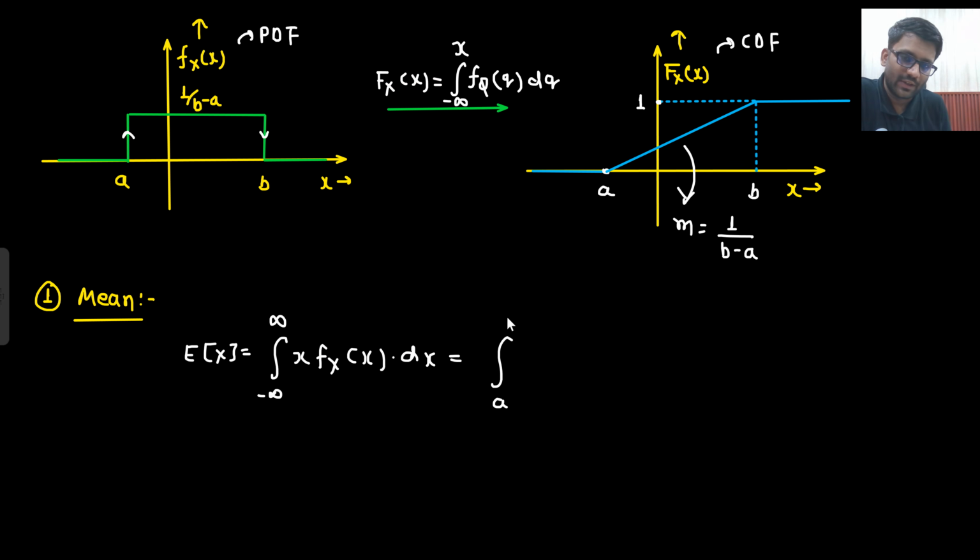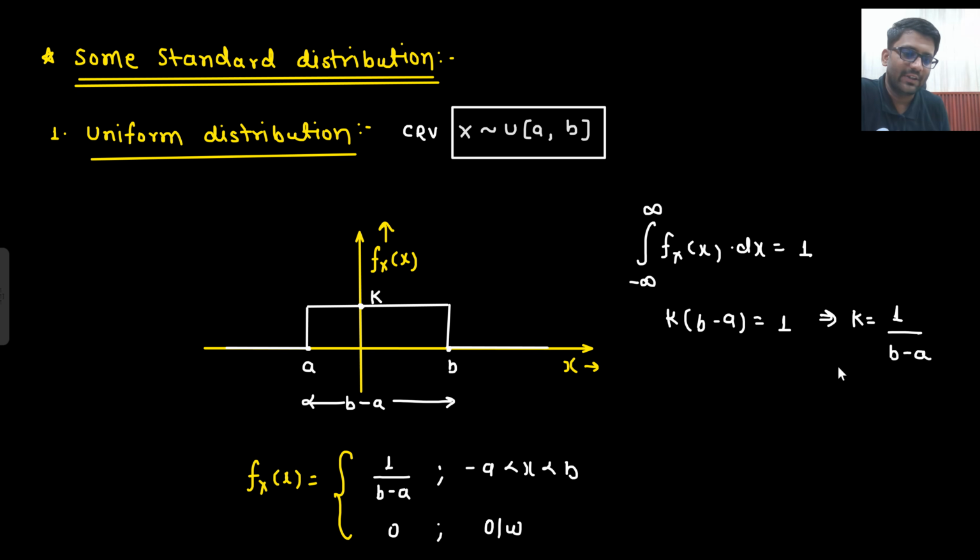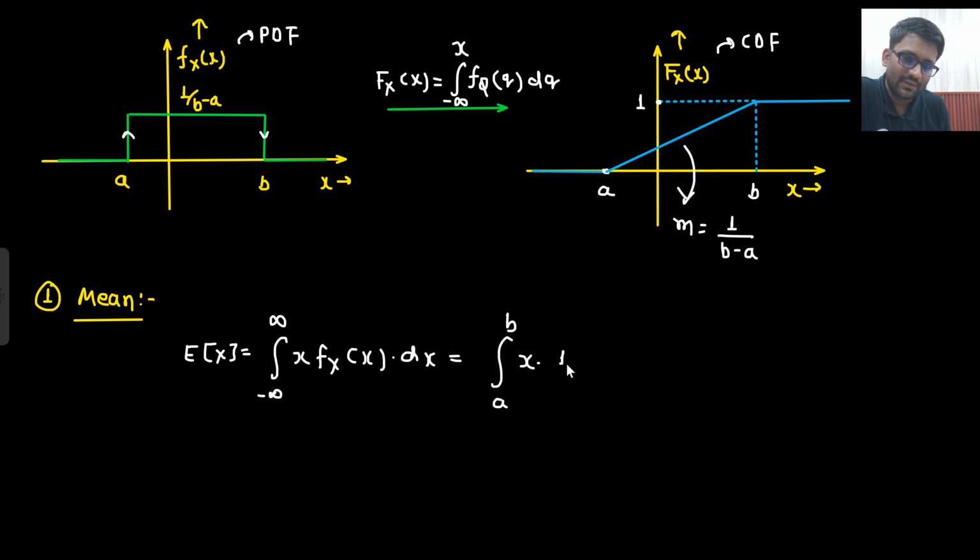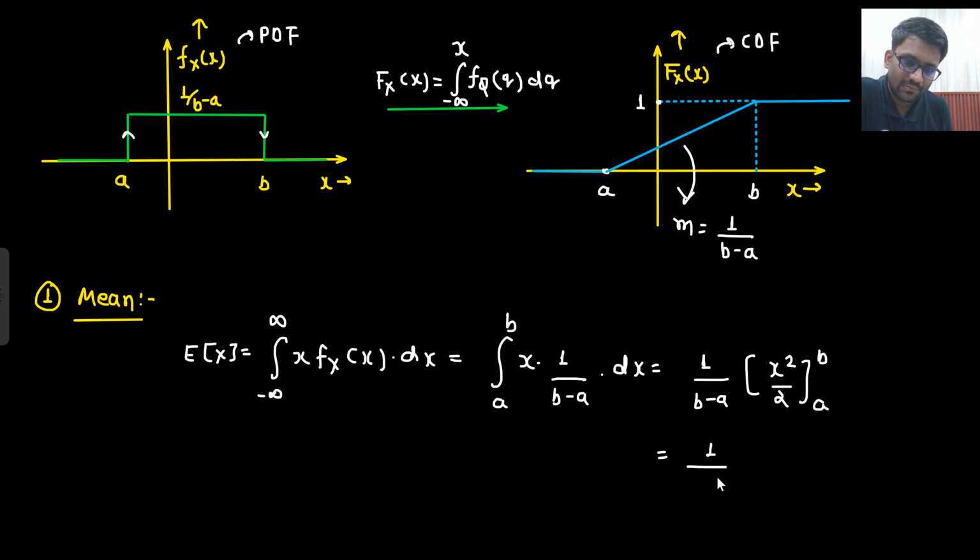It is non-zero between a to b. x into, what is the value of fx of x? The value of fx of x is 1 upon b minus a, dx. So 1 upon b minus a goes outside, x square by 2 from a to b. So 1 upon 2 into b minus a into b square minus a square.